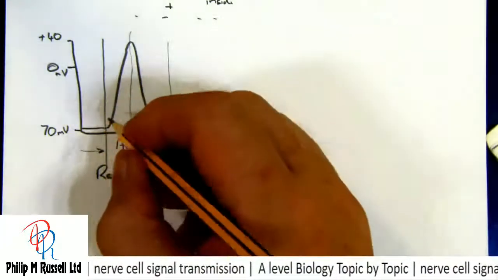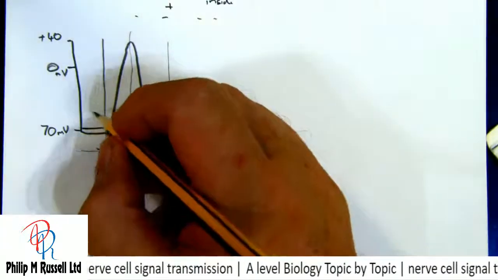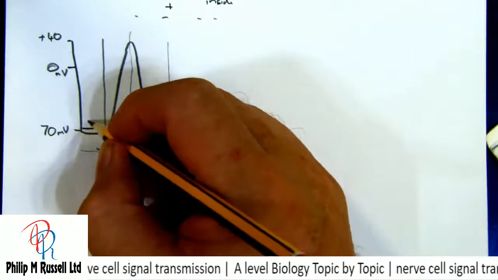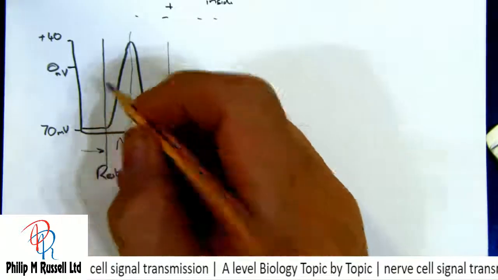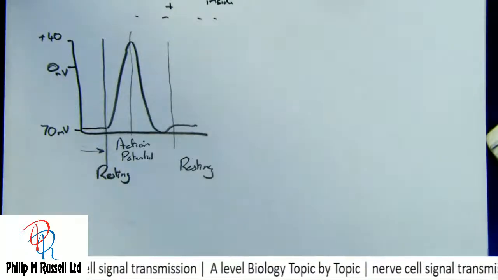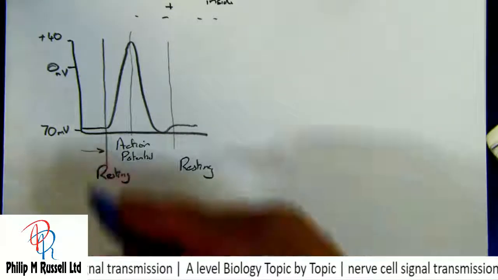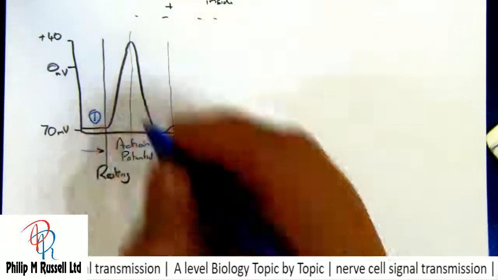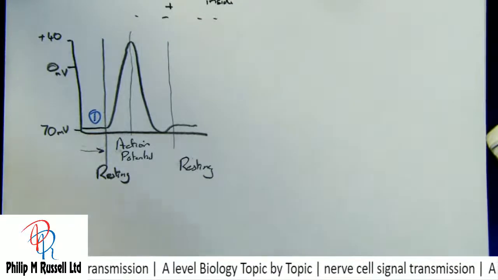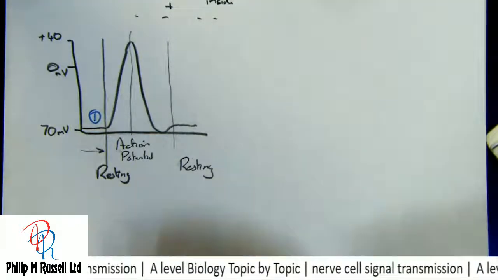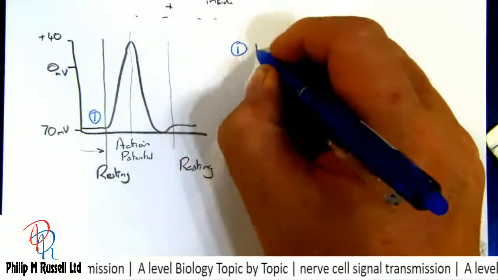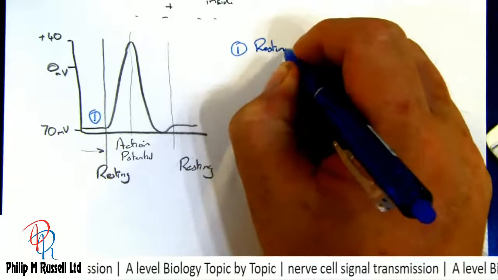So let's work out what's going to happen here. I can identify some of these bits. Let's say this is number 1, our resting potential.